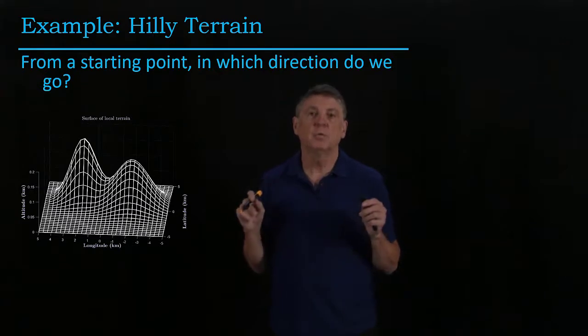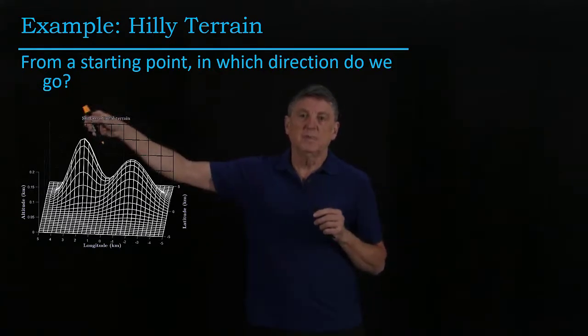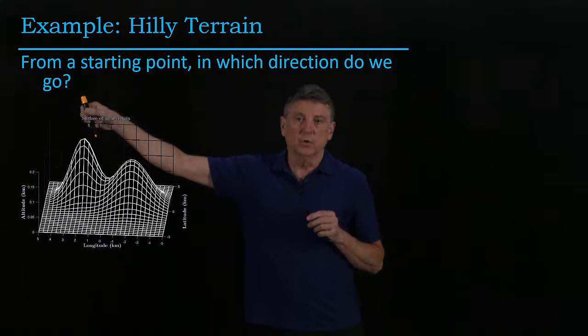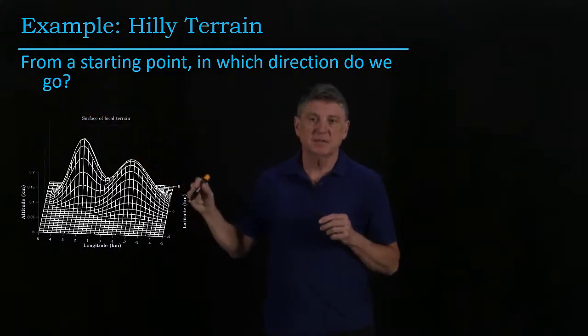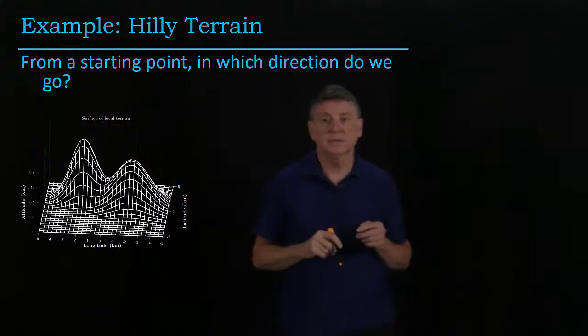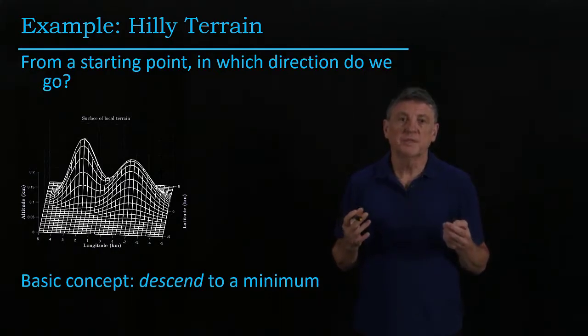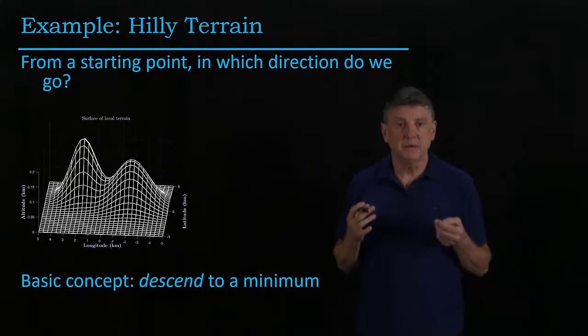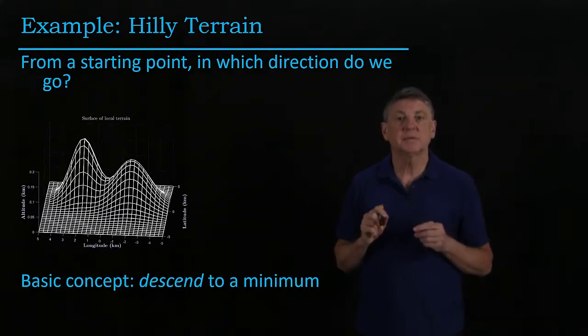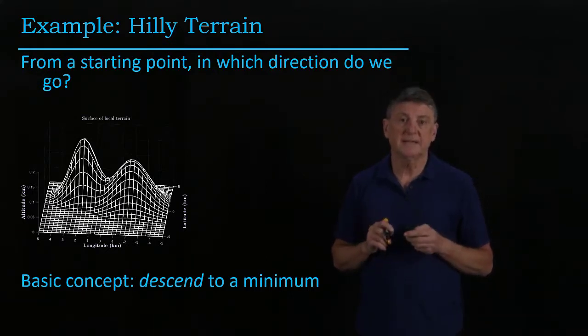We'll imagine that even though it may take us a little while longer, we're going to use the steepest descent and eventually we'll get to where our automobile is. So this is the concept that we'll be exploring, which is descending to a minimum, and specifically descending to a point that is a minimizer.